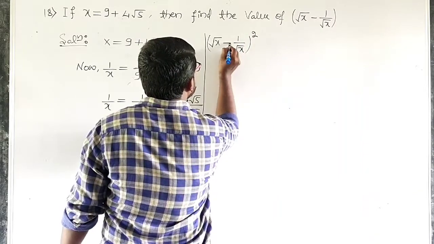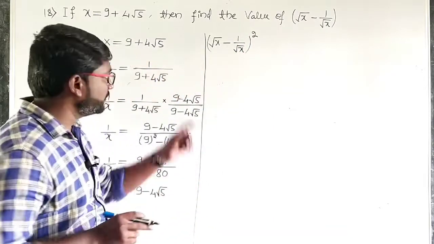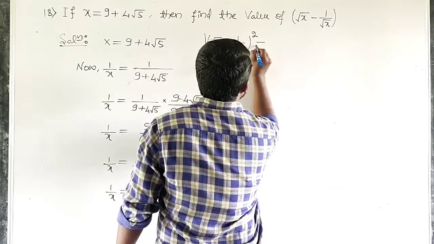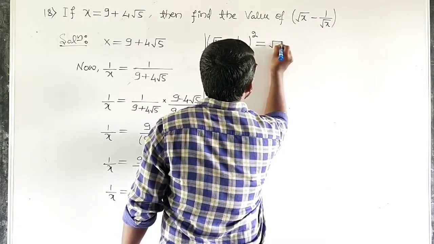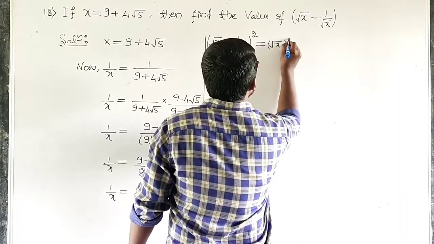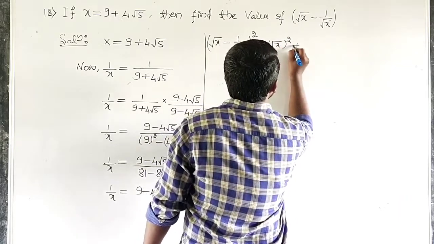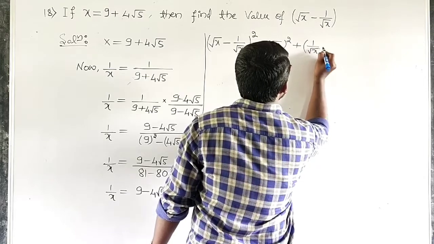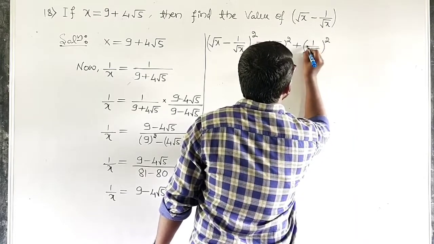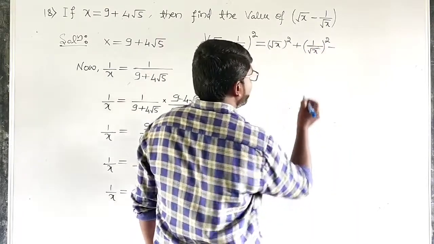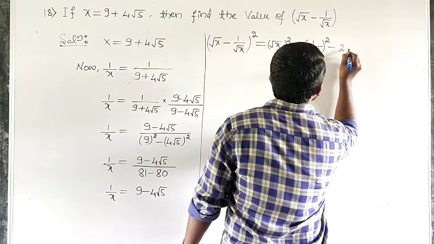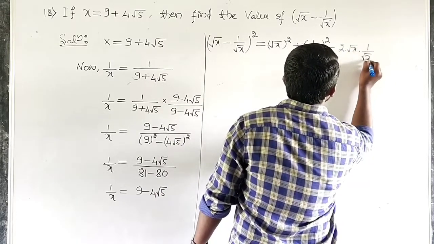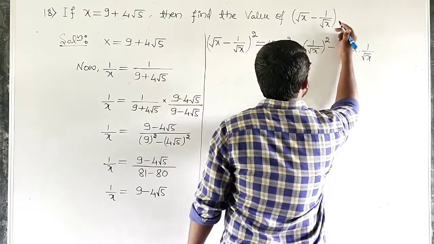So let us expand this using a minus b the whole square. So what do we get now? We get root x the whole square, then plus 1 by root x the whole square, then minus 2ab, minus 2 into root x into 1 by root x.